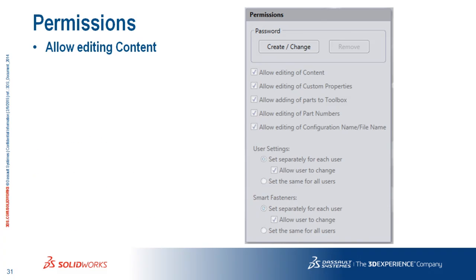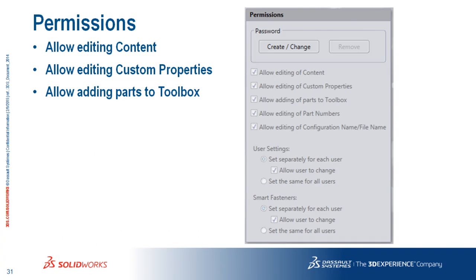This allows editing content. You can specifically allow the users to do certain things. So you can still put the password on and then tell them what version of it they're going to have versus what you get with the password. All right, so allow editing content. You can allow editing custom properties. You can allow adding of parts to Toolbox.